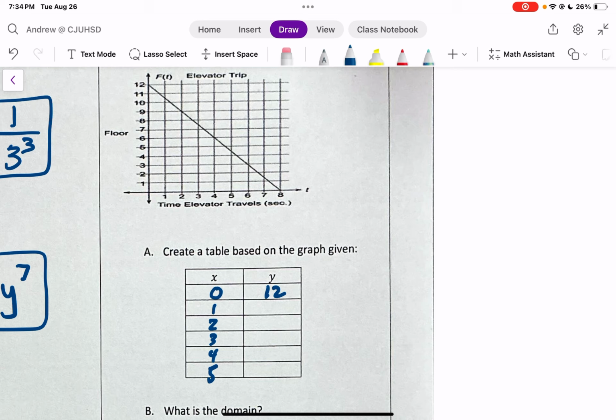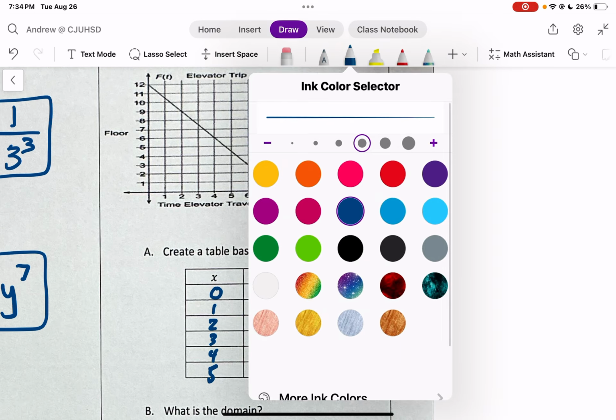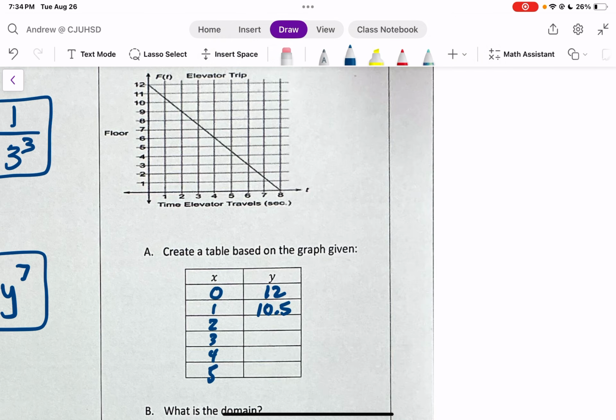It's about 10 and a half. And at 2, 2 looks like it's at 9. 3, it's about, I don't know, 7 and a half. 4, it's at 6. And 5, 4 and a half.